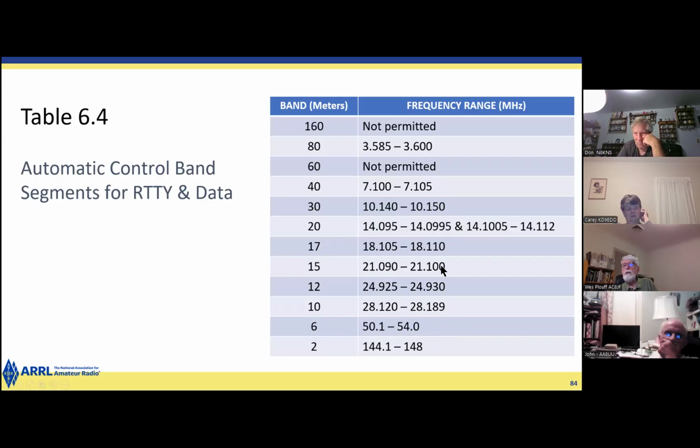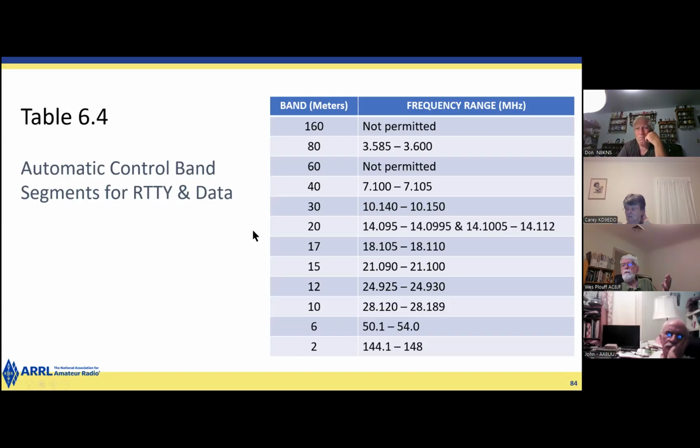But most of these are 10, 15 kilohertz, 5 kilohertz, which means that automatically operated stations you're going to find in only a narrow part of the band, and that means they're easy to avoid.